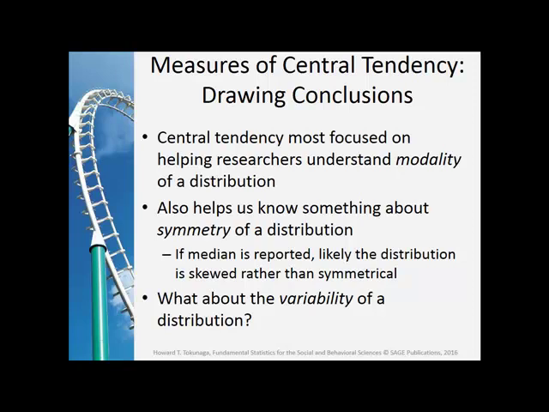So here's a couple of things to remember. Measures of central tendency like the mean, the median, the mode are best to help us understand the modality, right? The most frequent, the most typical, the average of our distribution. That's what we're trying to do. We're trying to just succinctly describe the value of a variable using one value.